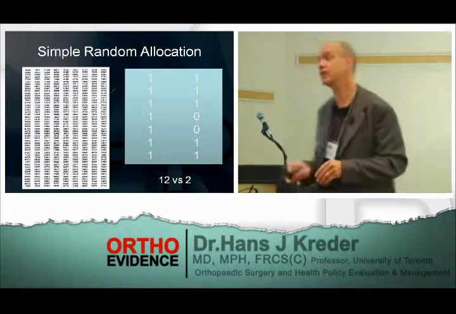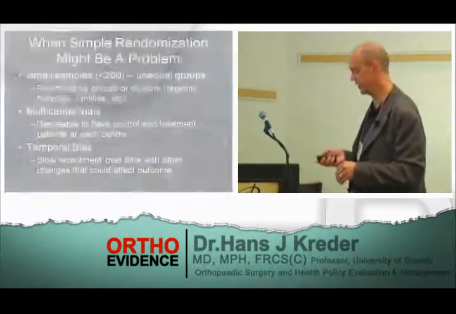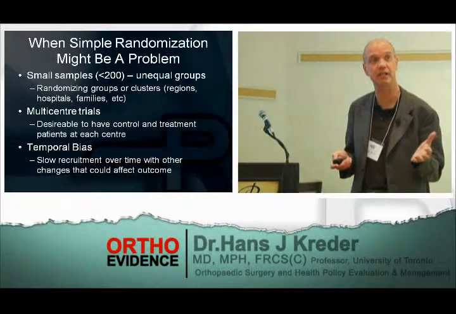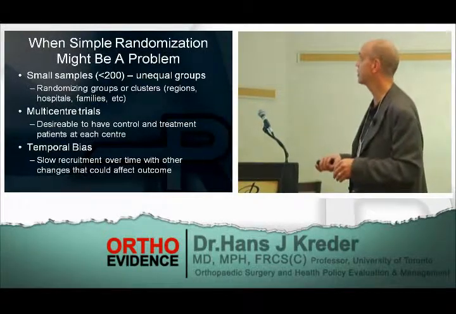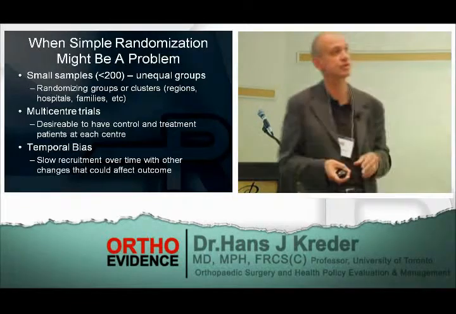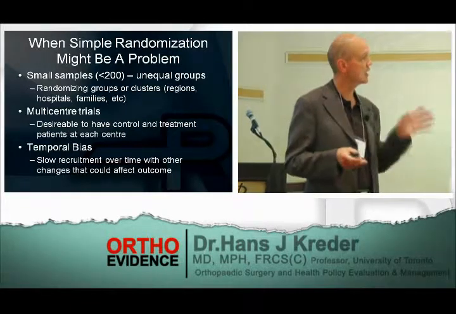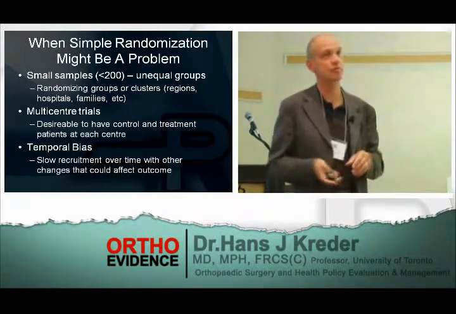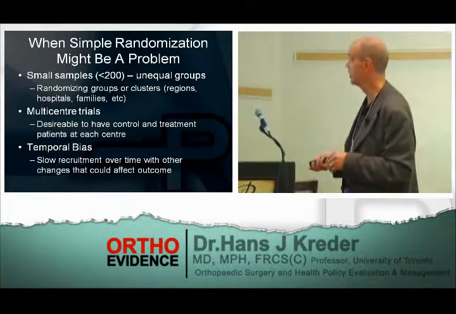So that's a problem with simple randomization. The groups might not be exactly equal. And not only is it a problem in terms of the unequal size and temporal problems and so on, but statistically it's much neater if you've got equal groups in allocation.